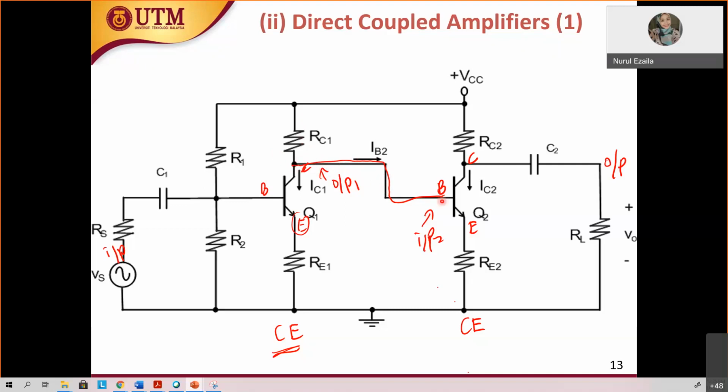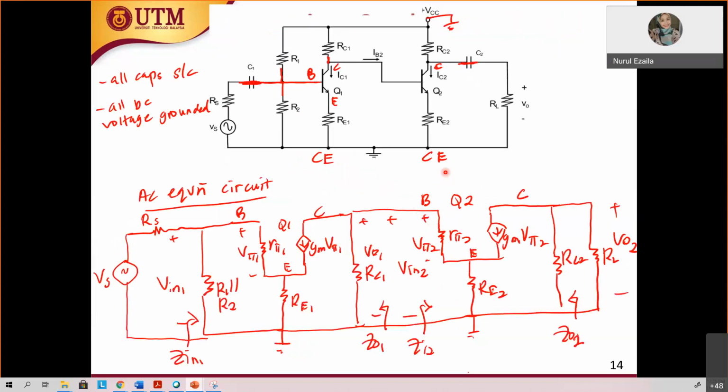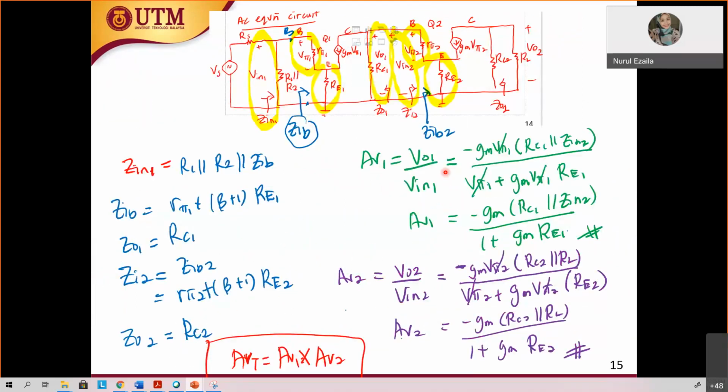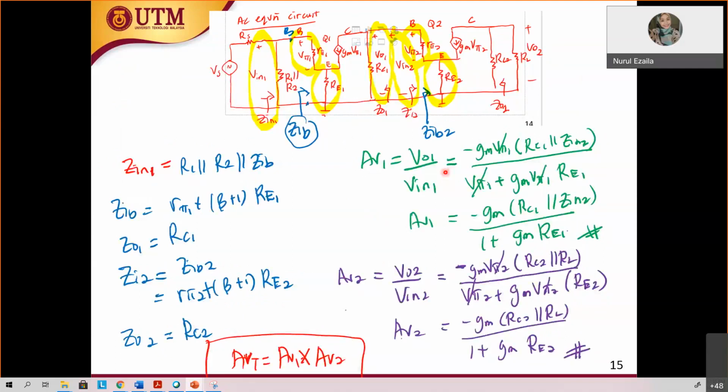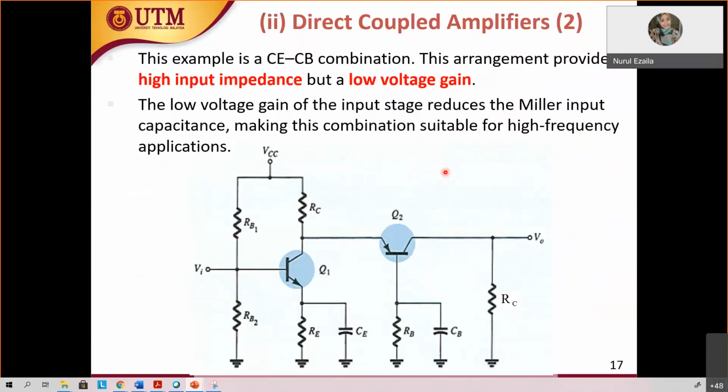So this is combined by just a wire, right? So this is the derivation and this is also the derivation. This is a proper drawing, but better explanation over here. So for the direct couple, it could be like this.